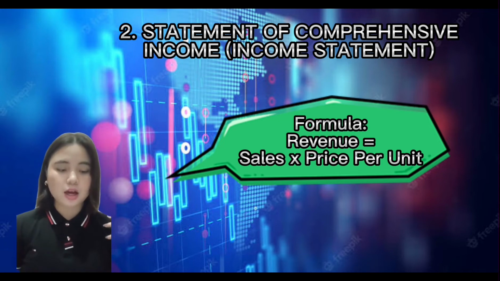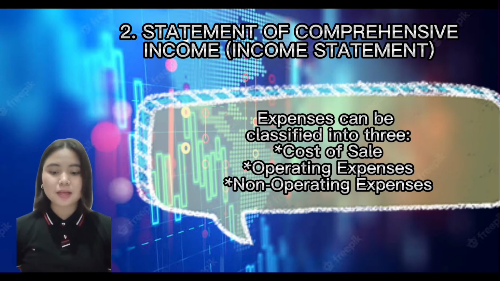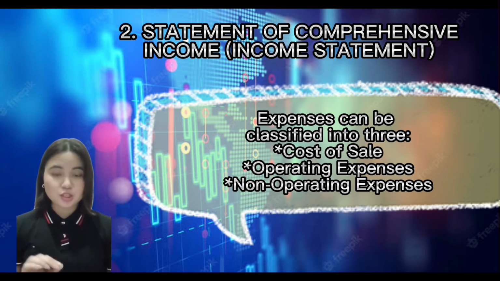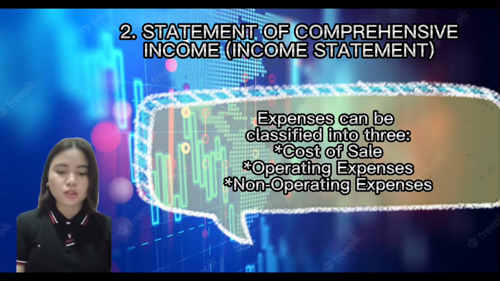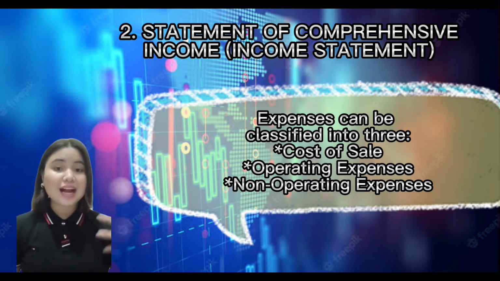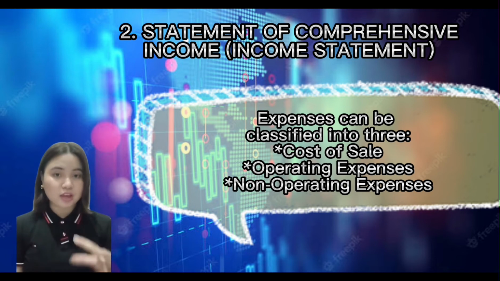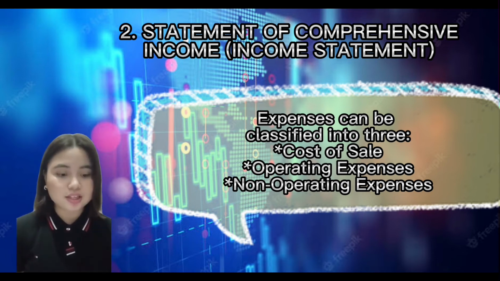Then, expenses naman can be classified into three, which are the cost of sales, also known as cost of goods sold. It is incurred to generate sales. Ayun yung cost of goods sold, yung nagagastos natin para makabuo tayo ng product or makagawa tayo ng sales.